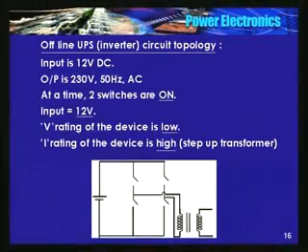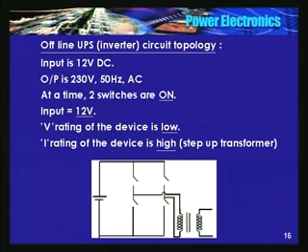Output voltage that is required is 230 volts, 50 hertz AC. So one way is you have to step up this voltage using a step up transformer. See here, a low voltage AC is available here.